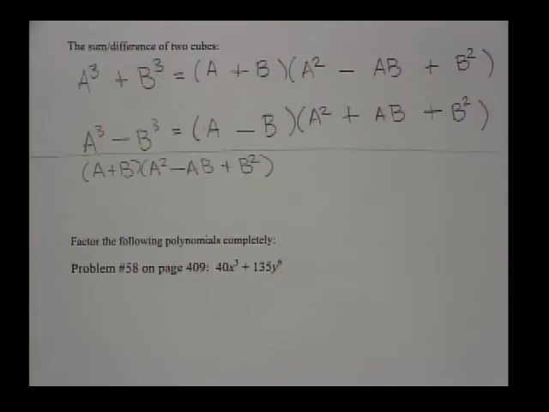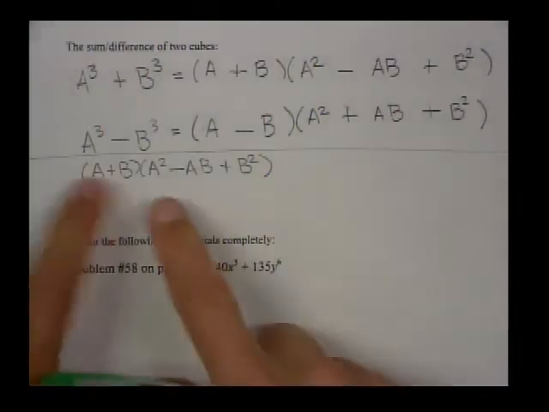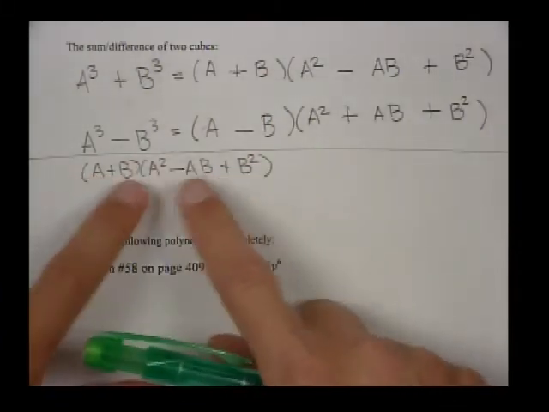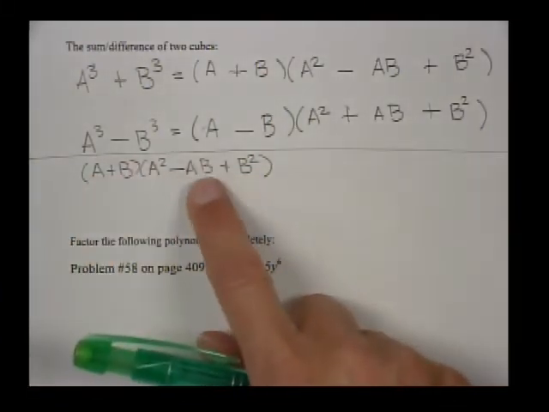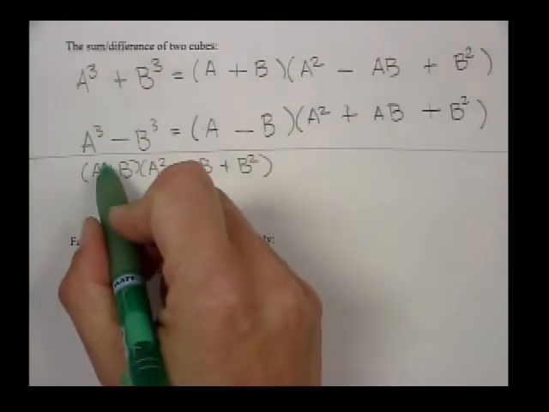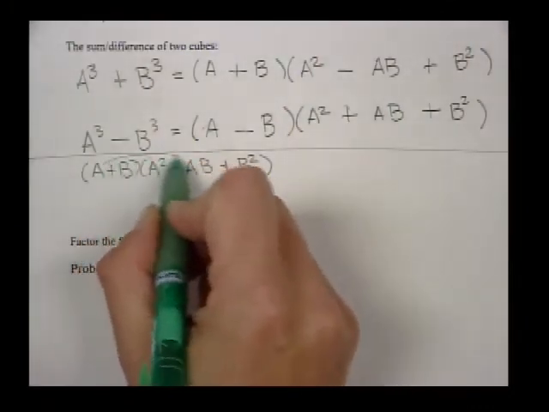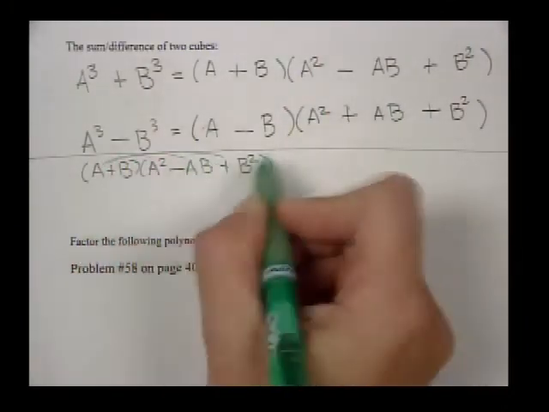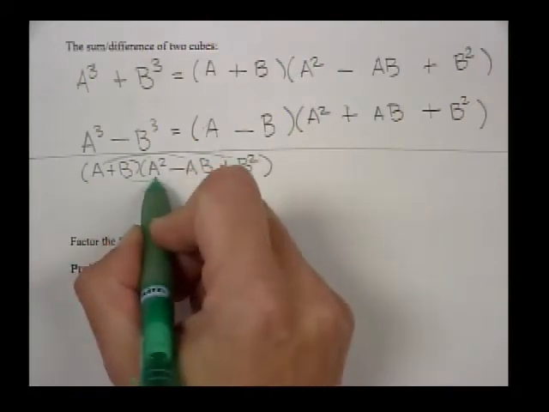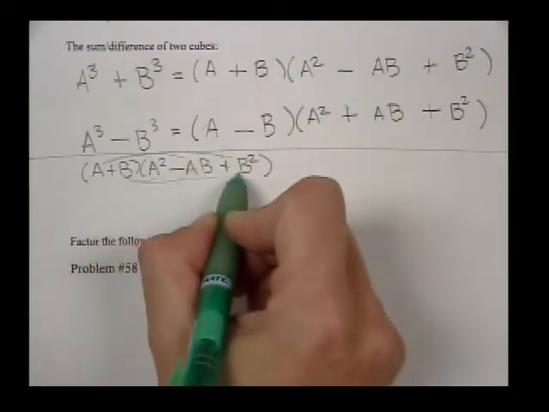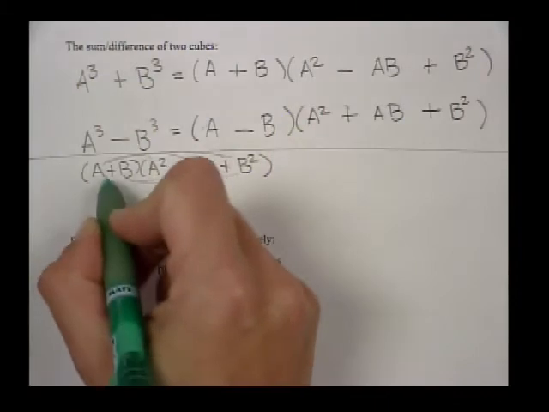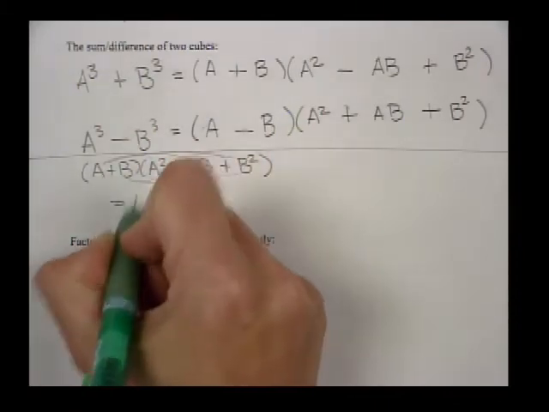So this is more than just FOIL because it's not just outside and inside terms. You have this extra middle term there. So what I'm going to do is first distribute the a to all three terms of the second set, and then I'll distribute the b to all three terms of the second set, and we'll write what we get. So a times a squared gives us a cubed.